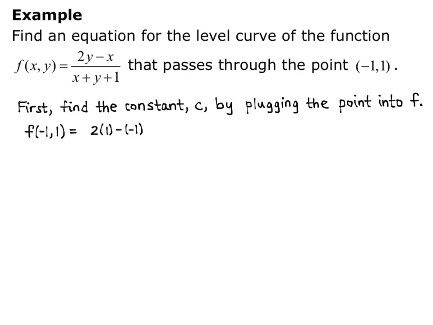We get f(negative 1, 1) equals (2 times 1 minus negative 1) over (negative 1 plus 1 plus 1). So I've just plugged the x and y values into the appropriate place in my function. This simplifies to 3.